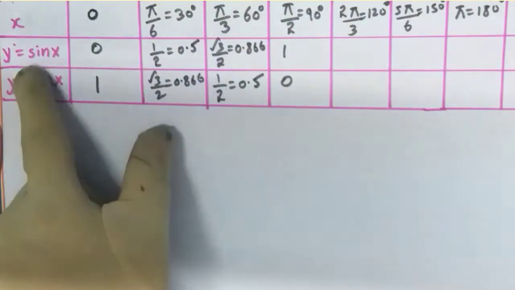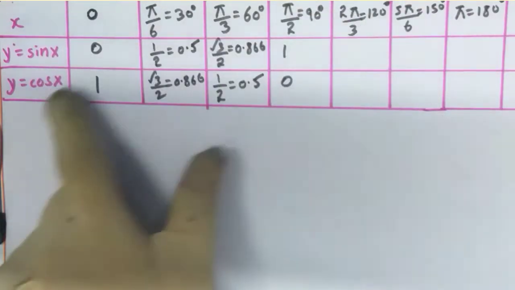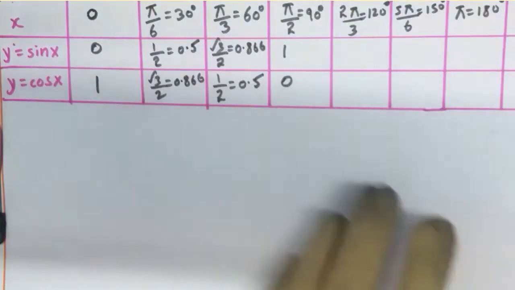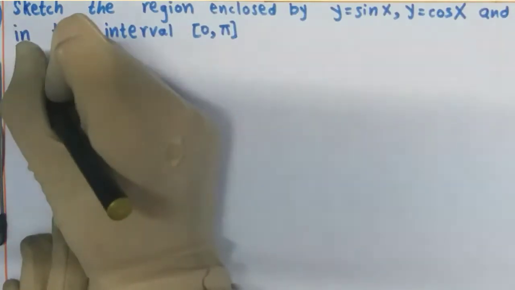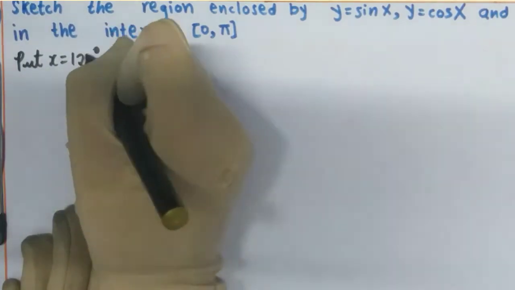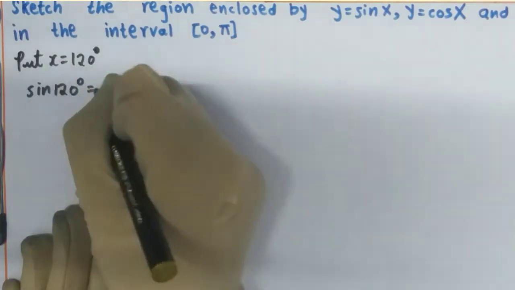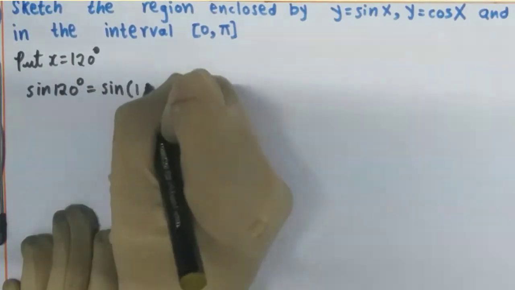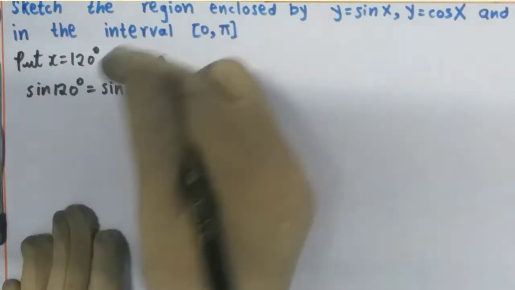So now let us find sin 120, sin 150, sin 180, cos 120, cos 150 and cos 180 by resolving these angles. We need the value of sin 120. So put x equals 120 degree in sin x. We can write sin 120 as sin of 180 minus 60, because 180 minus 60 is 120.